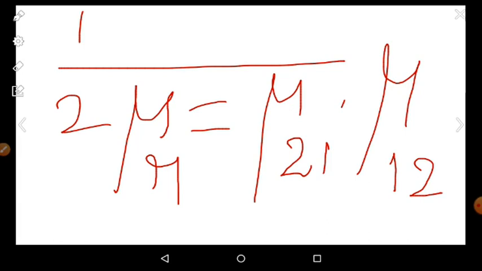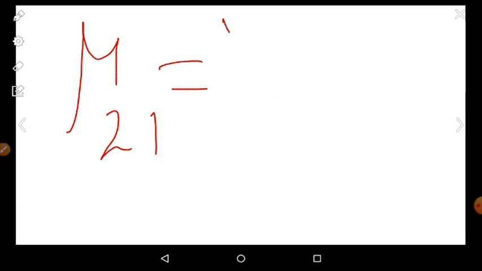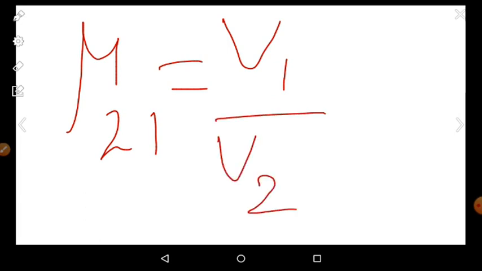Then how do we calculate the relative refractive index of the given two materials? If I write mu 2 1, the refractive index of the second material with respect to the first material, it equals the velocity of light in the first medium to the velocity of light in the second medium. We can also write it in terms of individual refractive indices.